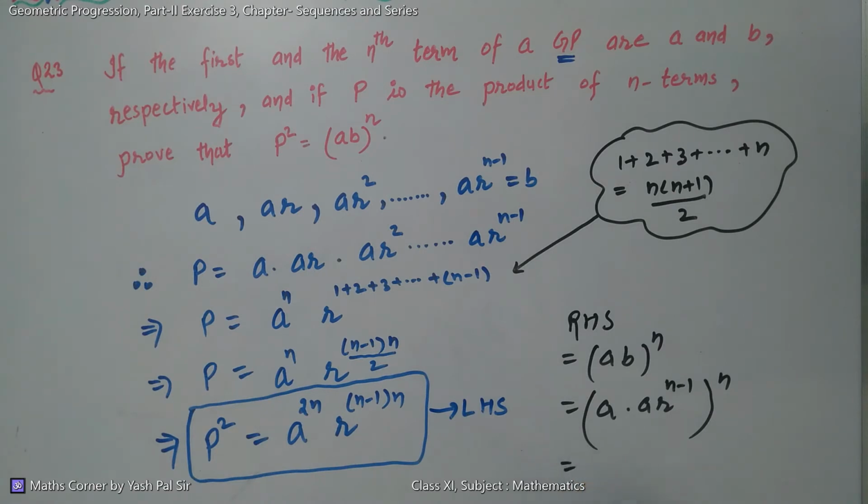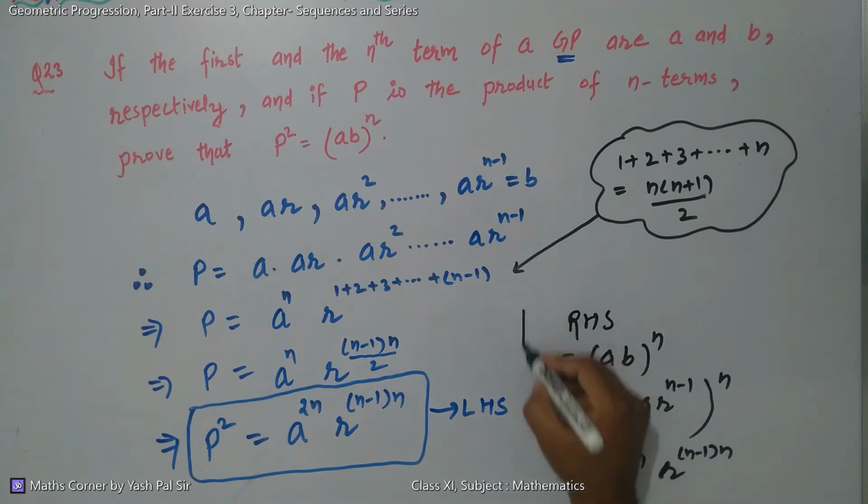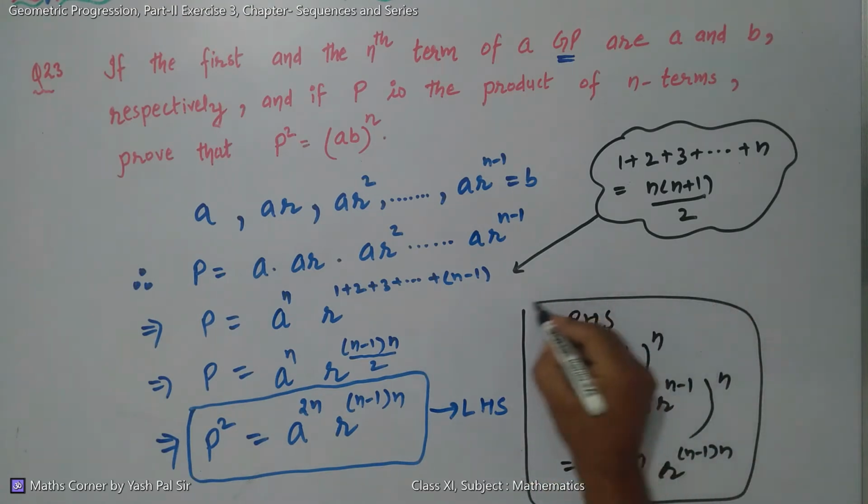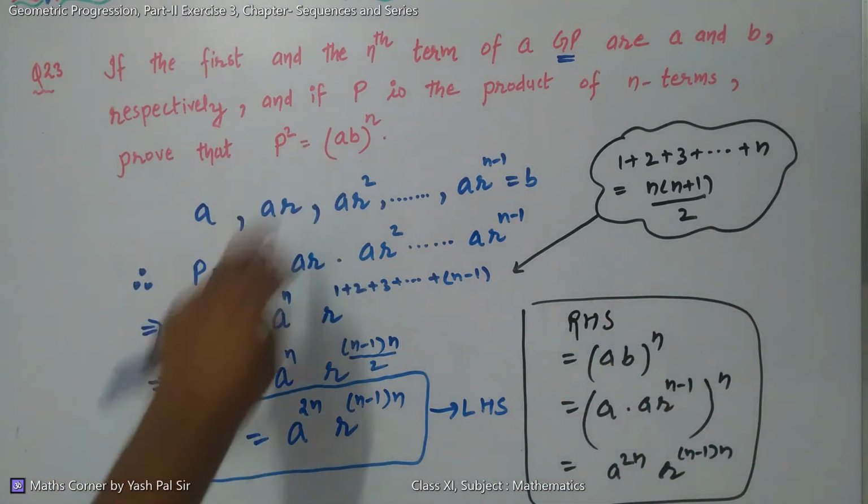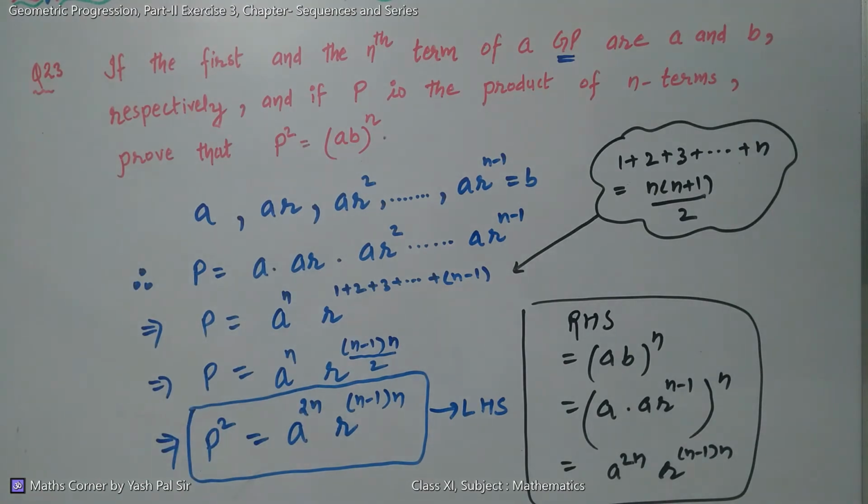So what becomes? This becomes A into A square, outside bracket raised to power n, so this becomes A raised to 2n into R raised to power n minus 1 into n. So this is the right hand side, hence the result we have proved. Next question.